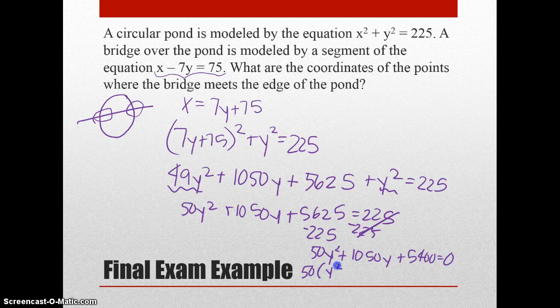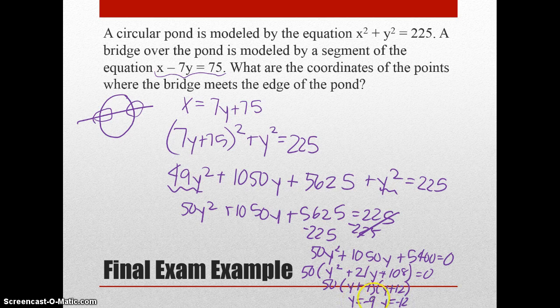We're left with y squared plus 21y plus 108. We can factor this because 9 times 12 is 108 and 9 plus 12 is 21. So we have 50 times (y plus 9) times (y plus 12). So y equals negative 9 and y equals negative 12.